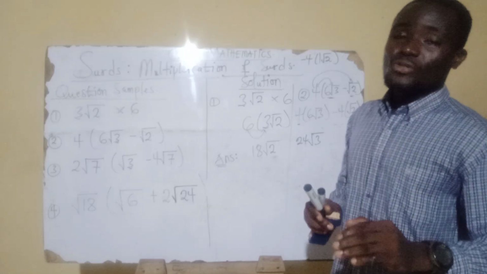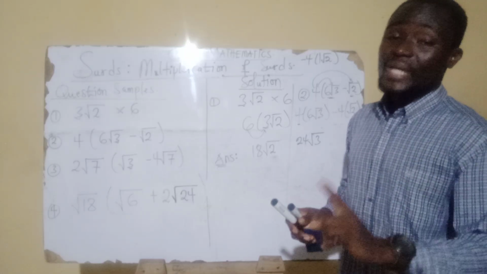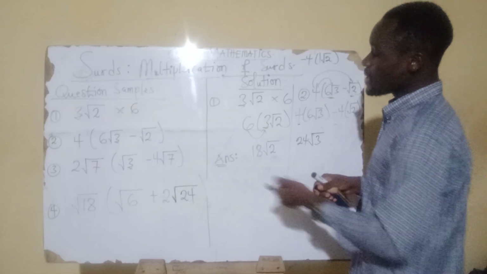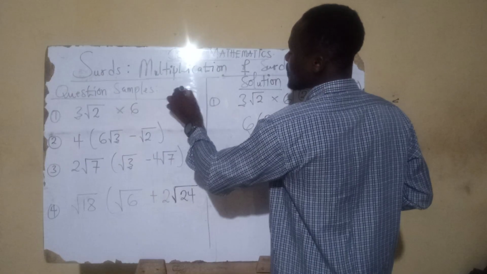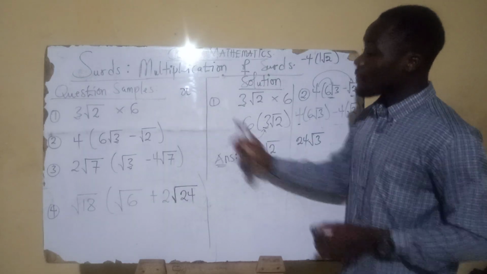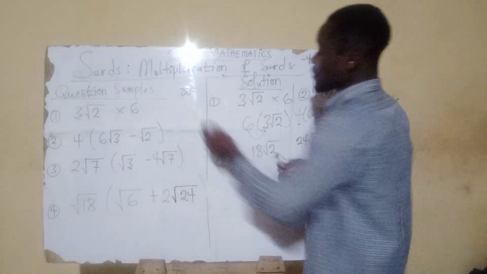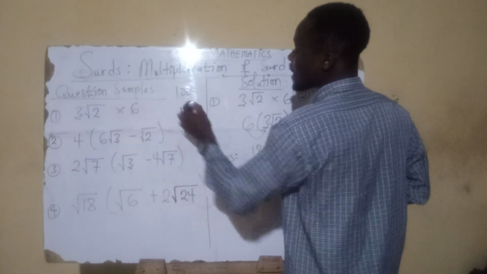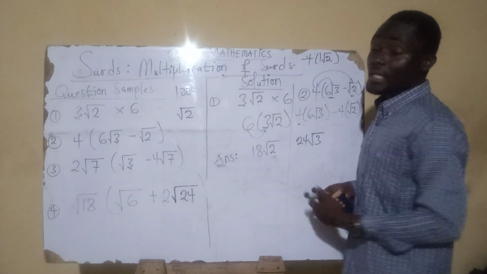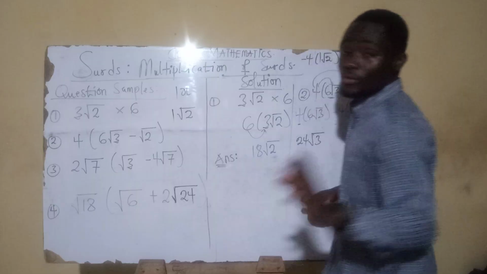And if the coefficient is not there, it means that automatically we have 1 over there. Similarly, if I go to algebra and I write down x like this, it means that there is a coefficient, and that coefficient is what? 1. In the same manner, if I go to surd and I write down something like this, there is a coefficient, and the coefficient is what? 1. So please take note.